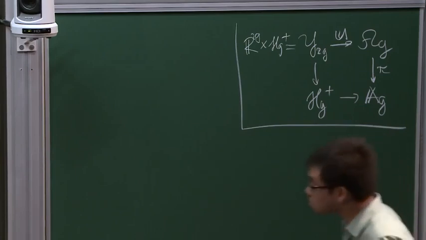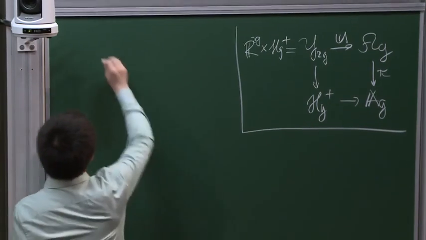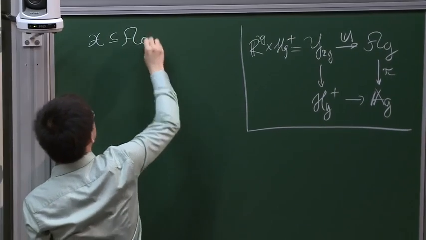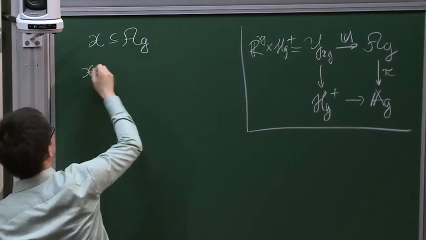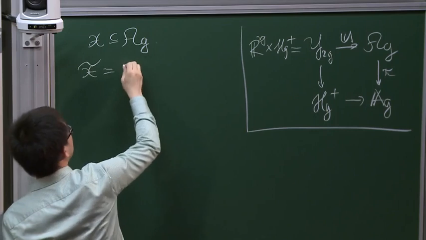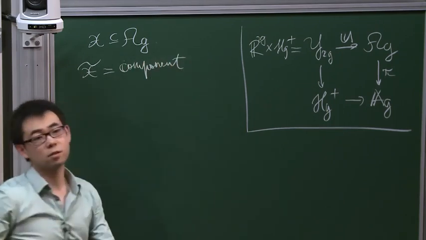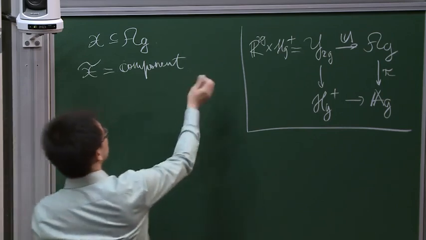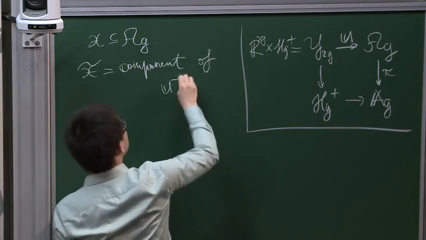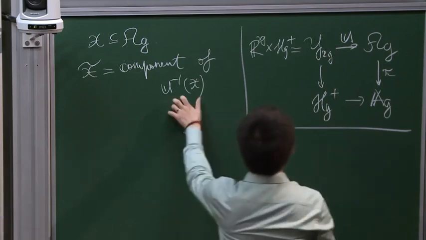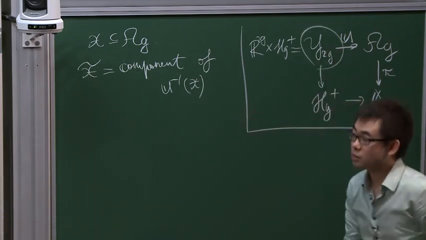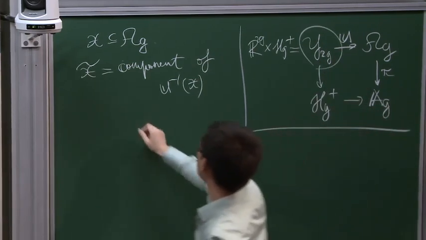All right. Now X is in A_G. I'll take an irreducible component, irreducible in the sense of analytic geometry, of u inverse of X, which is going to be in this uniformizing space.